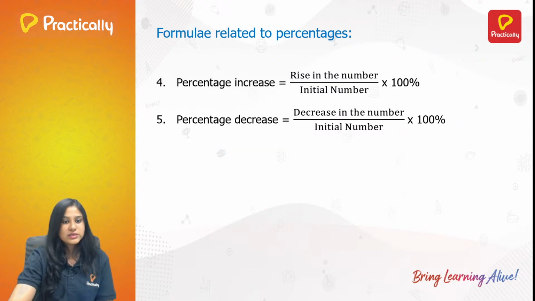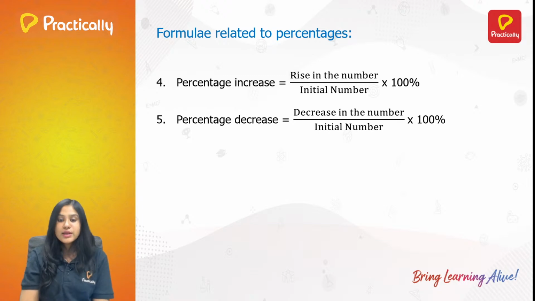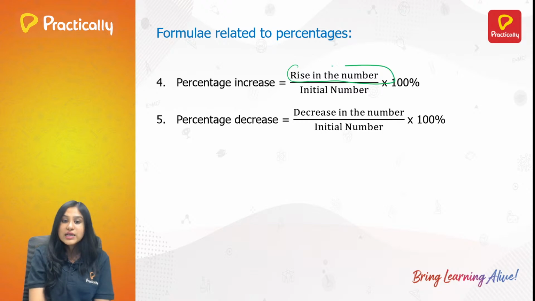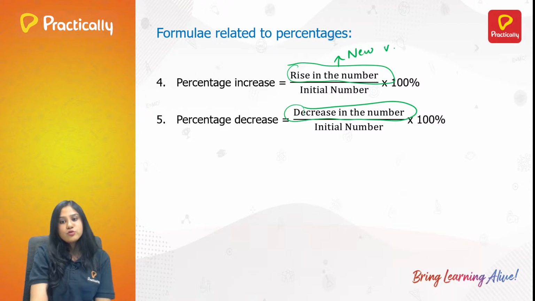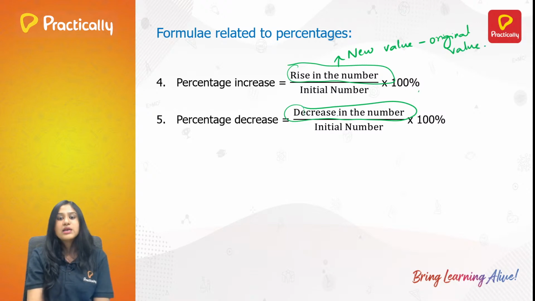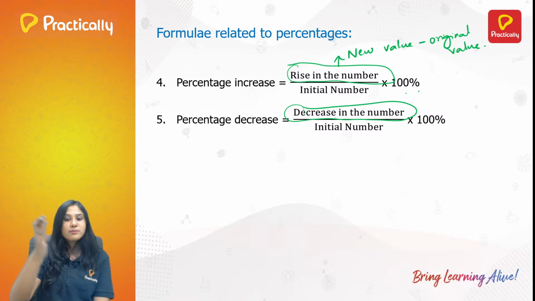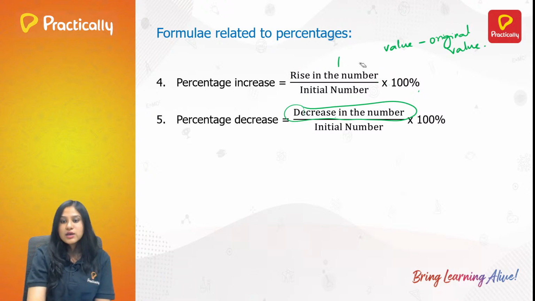Okay. Next, percentage increase: rise in the number by initial number into 100%, and percentage decrease: decrease in the number by initial number into 100%. And how do we get rise in number and decrease in number? It is nothing but new value minus original value. Correct? Same goes with the decrease in number. You have to find the difference between the final and initial. Or wait, we'll just erase it and write it.